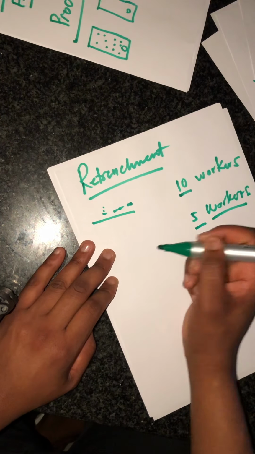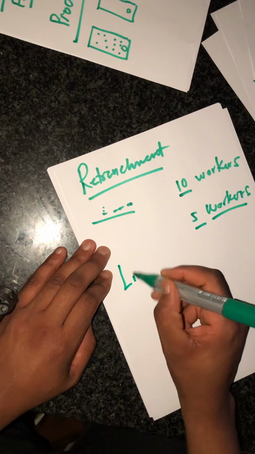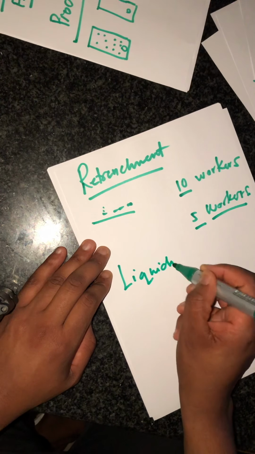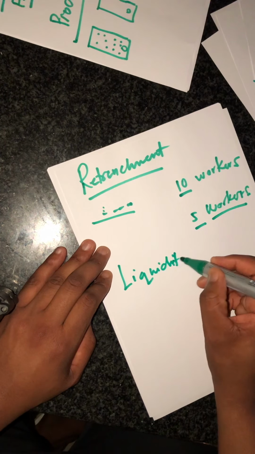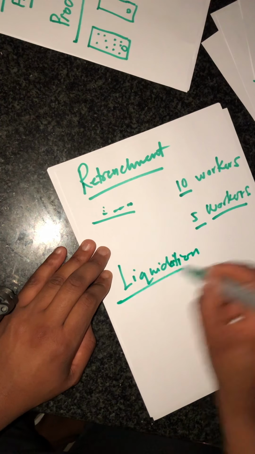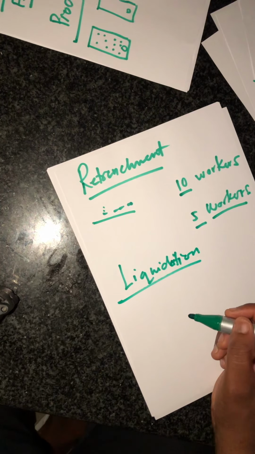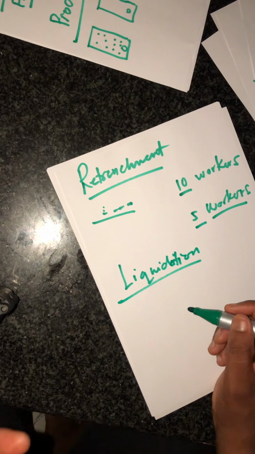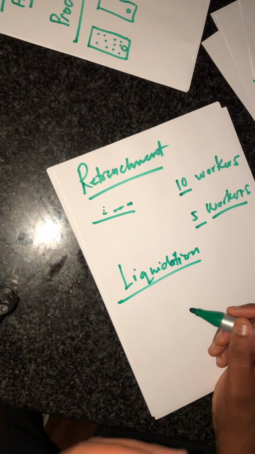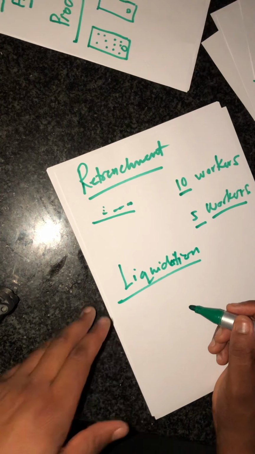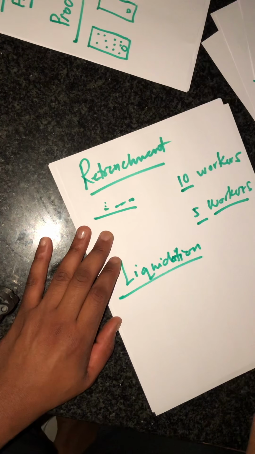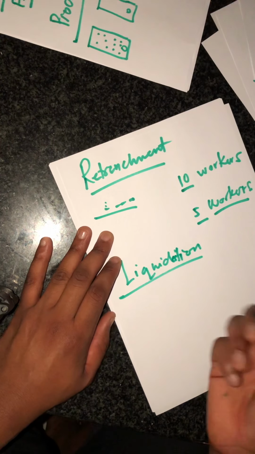After retrenchment, we have the last one, which is called liquidation. I call it the last one as well when it comes to business. It's when all assets are sold to pay creditors due to lack of capital or cash flow.